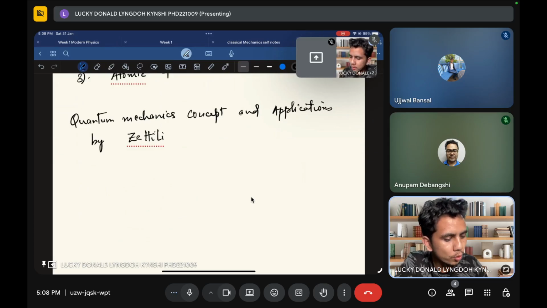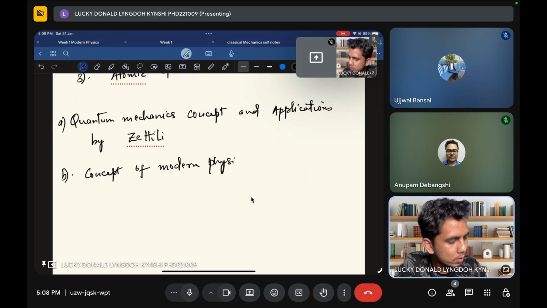The other textbook that I usually follow is Concepts of Modern Physics by Arthur Beiser.